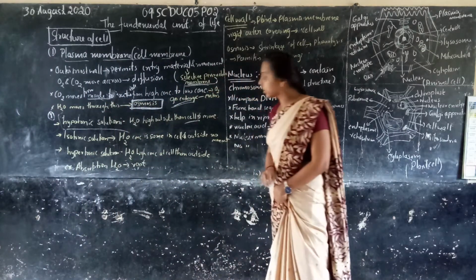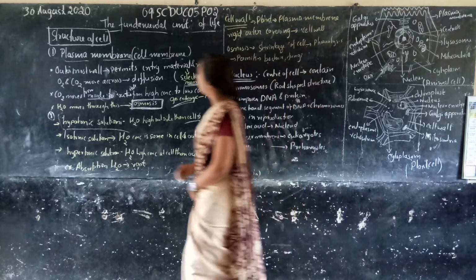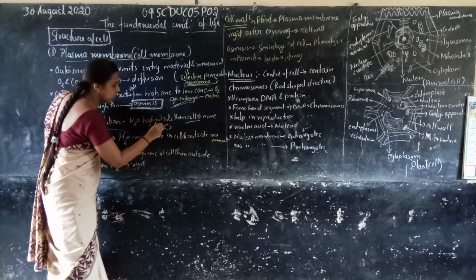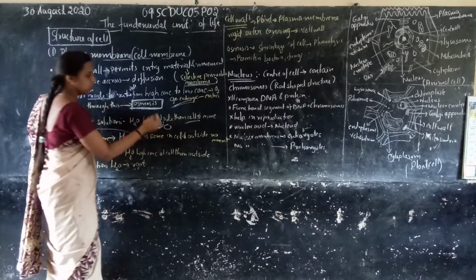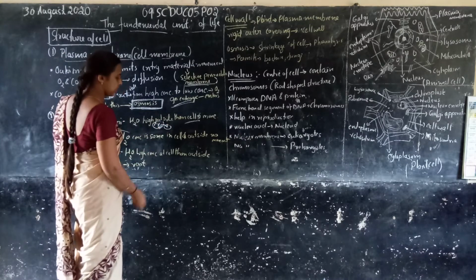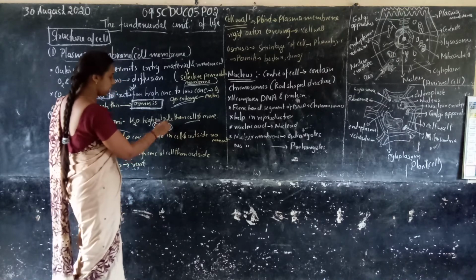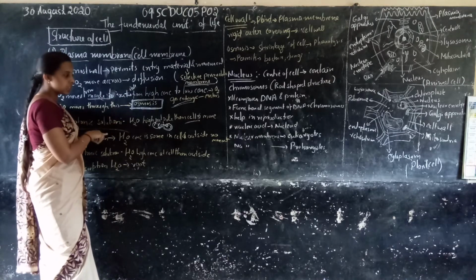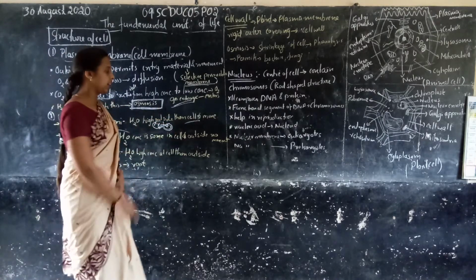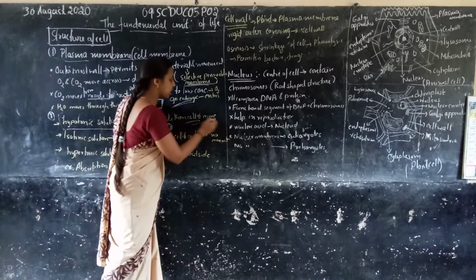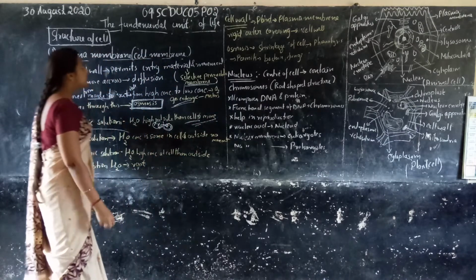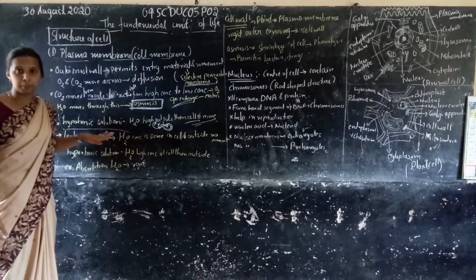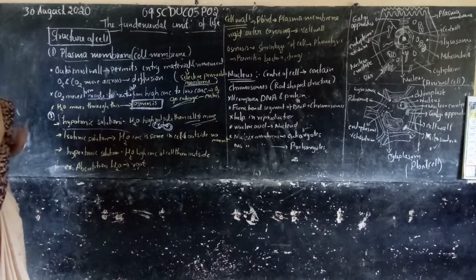I told this already: if this is the cell, the water concentration is high outside the cell, so it moves to where the concentration is low, inside the cell. So the high concentration of water molecules moving from the outside to the inside of the cell through the cell membrane is called a hypotonic solution. Okay, the first one.